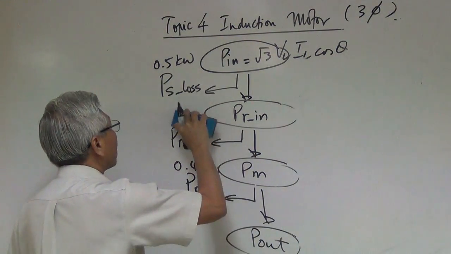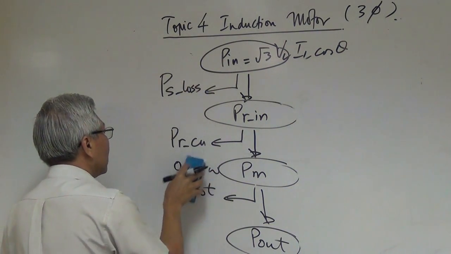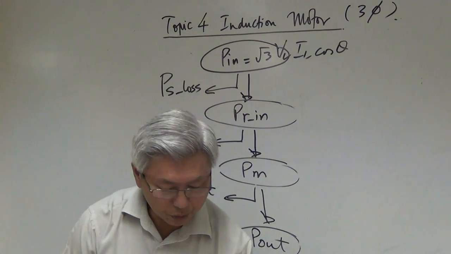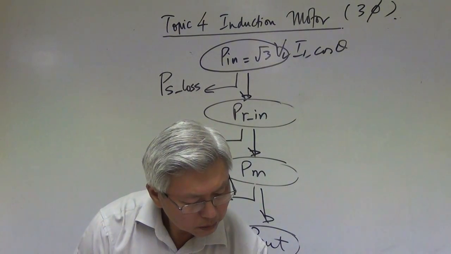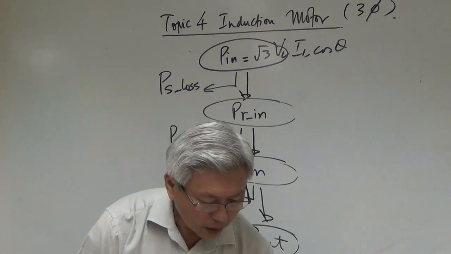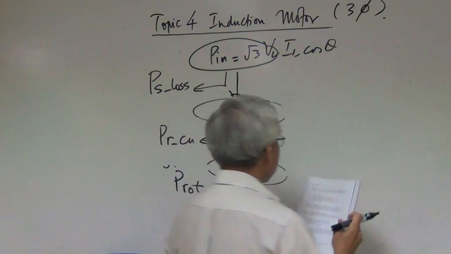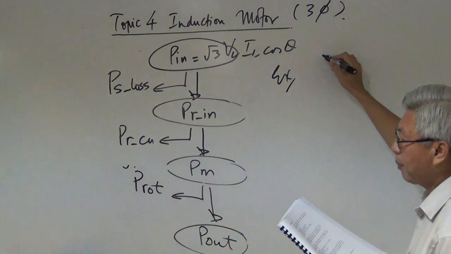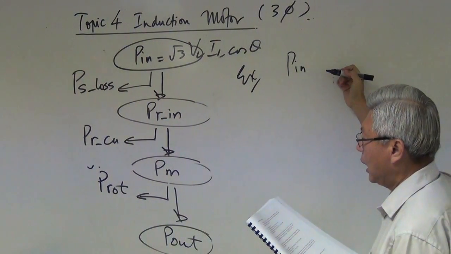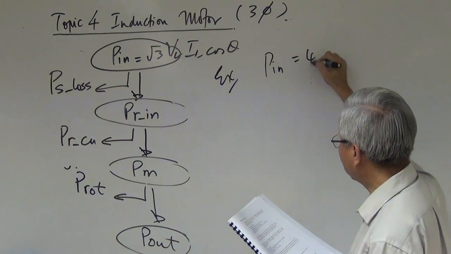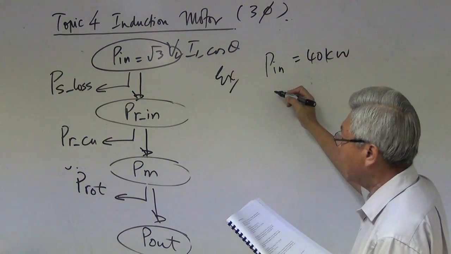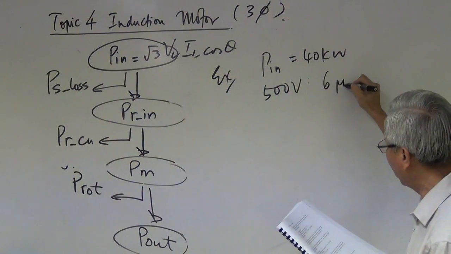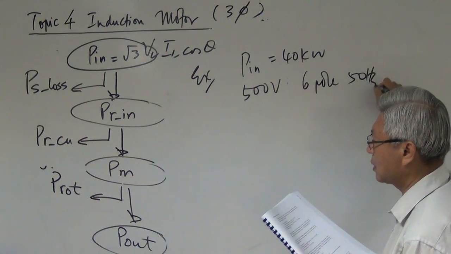Alright, let's try questions on power flow diagram. Again, I'm referring to the tutorial questions. There's this tutorial question. It says, the power input of this three-phase induction motor is equal to 40 kilowatt. It is a 500 volt induction motor, 6 pole, 50 hertz.